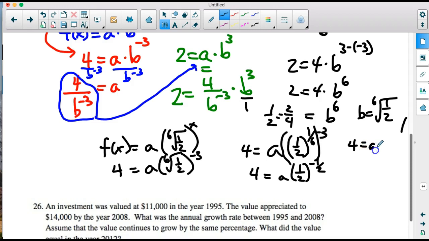We're using negative means reciprocal, so we need to take the reciprocal of this. That's 2 to the 1/2 power, which is the square root of 2. And so our a value here is 4 divided by the square root of 2.